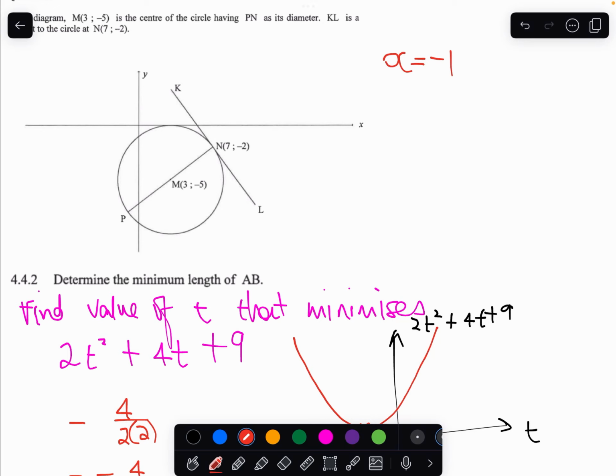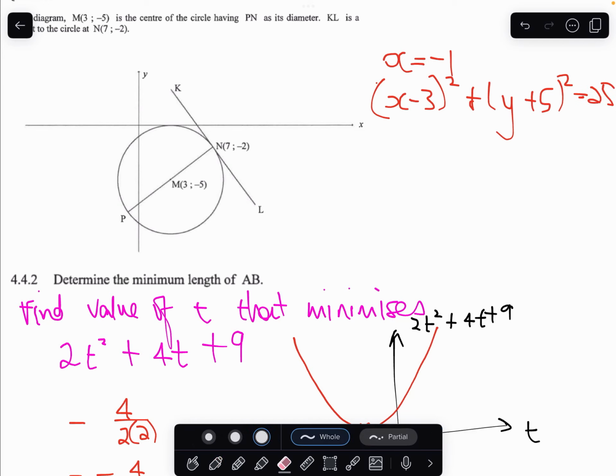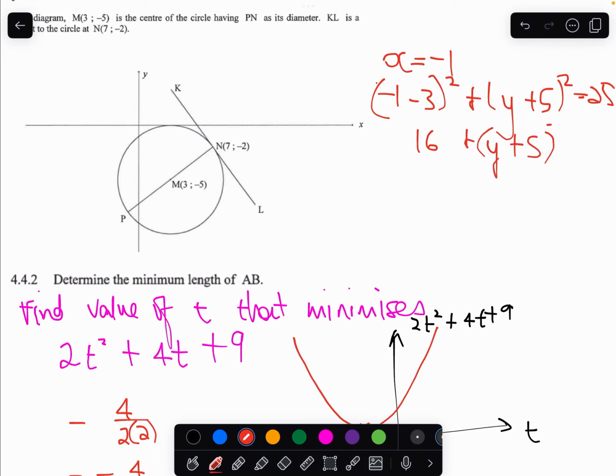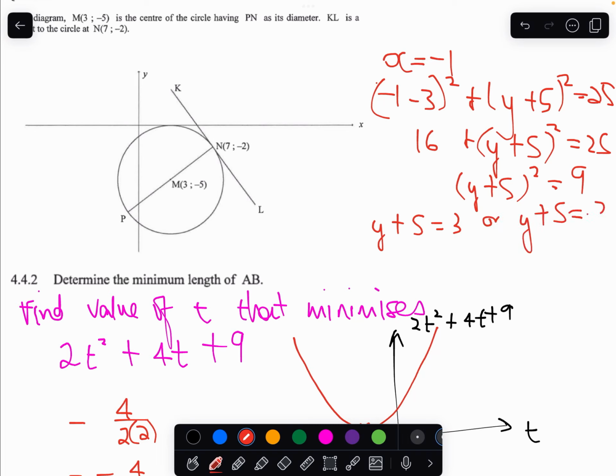We know that our equation is x minus 3 squared plus y plus 5 squared is equal to 25. Putting in x is equal to minus 1, that's minus 4 squared, which is 16, plus y plus 5 squared is equal to 25. So y plus 5 squared is equal to 9, which means y plus 5 could be 3, or y plus 5 could be minus 3.